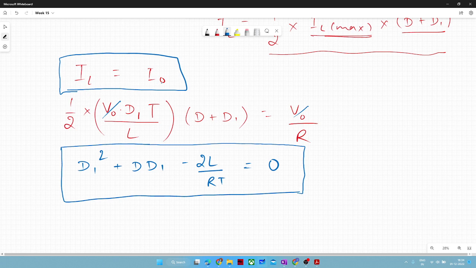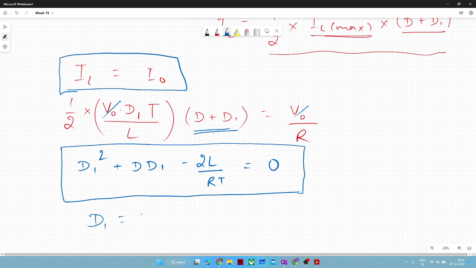You just equate IL is equal to I naught. You will know the average value of IL in case of discontinuous conduction mode. And further, if you equate both equations, you will get this kind of quadratic equation.